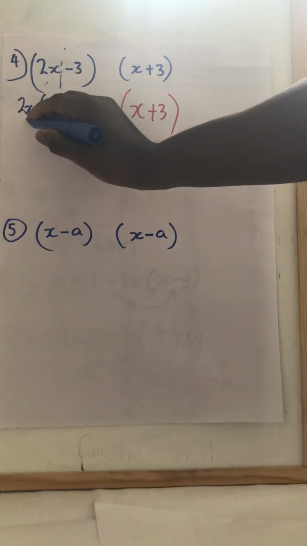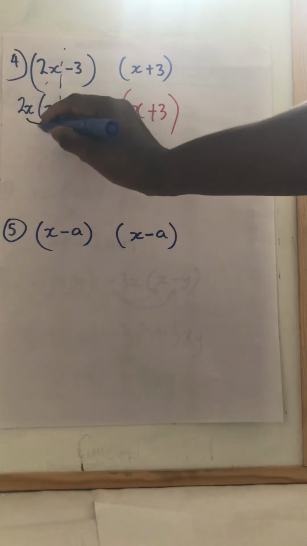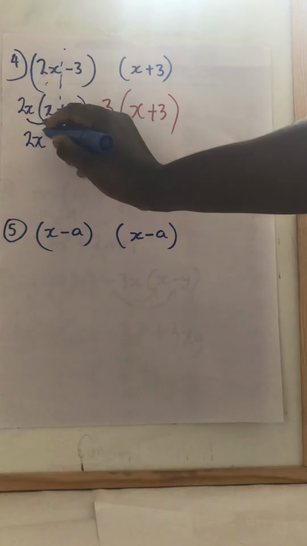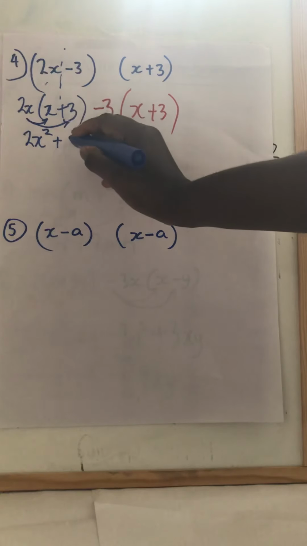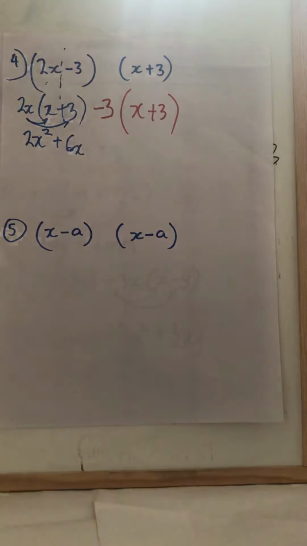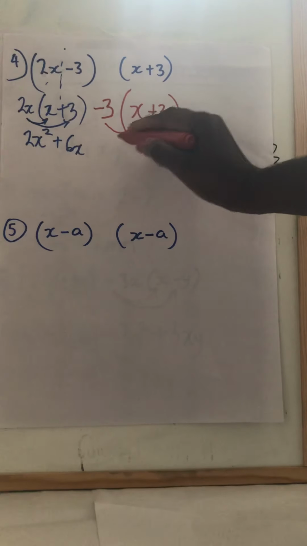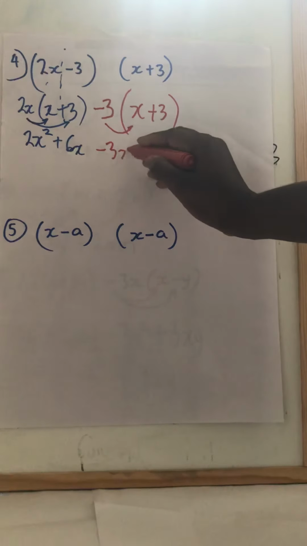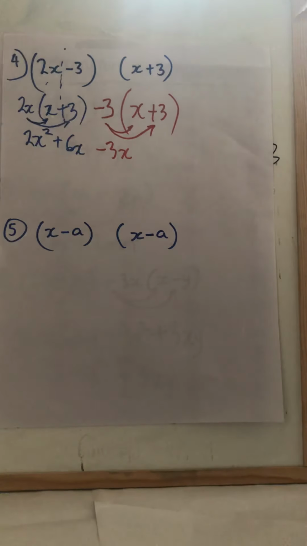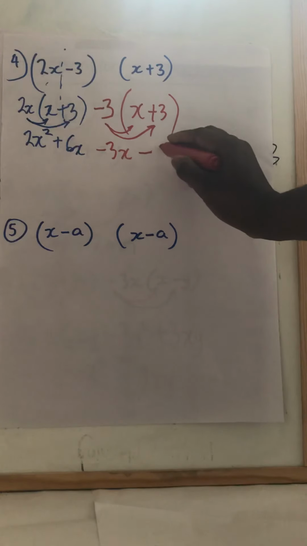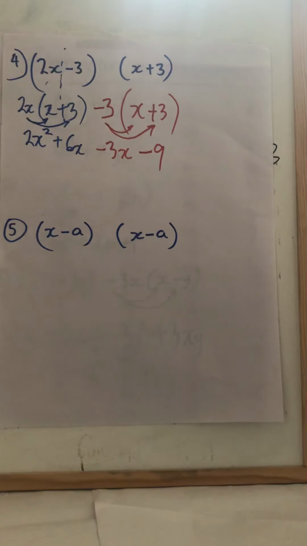We do the same thing we did with our previous examples. 2x squared plus 6x, and I'm going to do minus 3 multiplied by x, minus 3x, then minus 3 multiplied by plus 3. Do not forget your sign is minus 9, because minus times plus is minus.